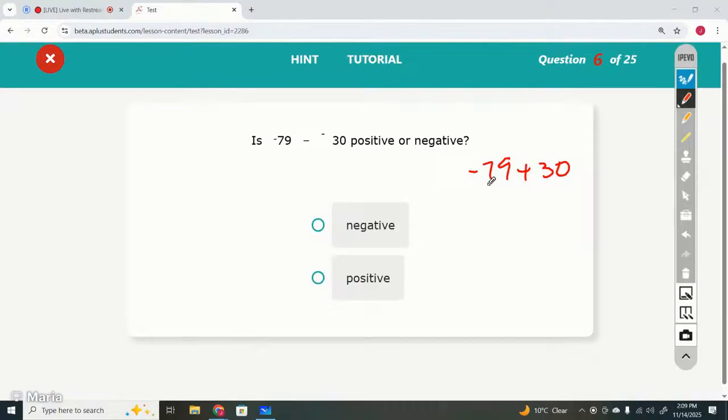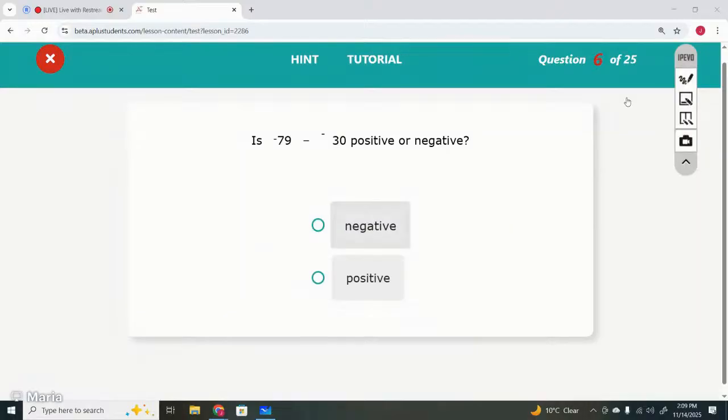So 79 is greater in magnitude, so answer must be negative. The correct option is negative. Option number 1 is the correct option.